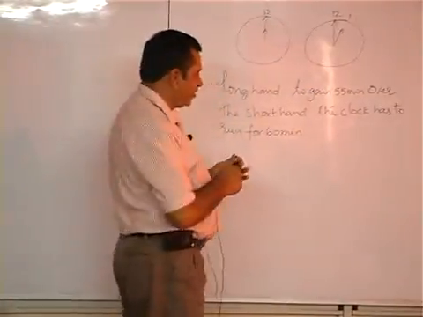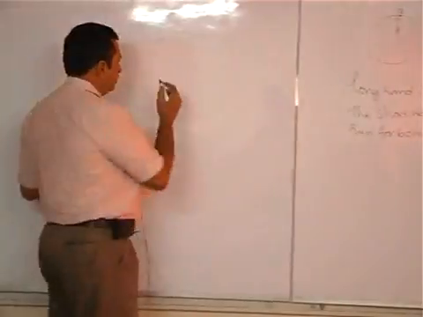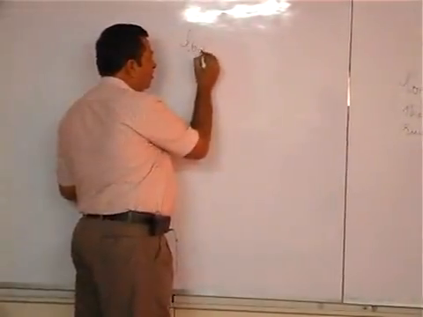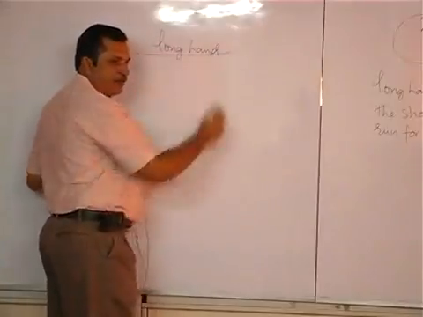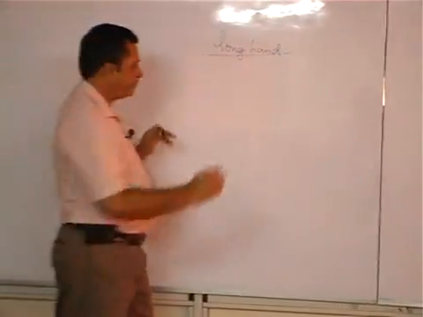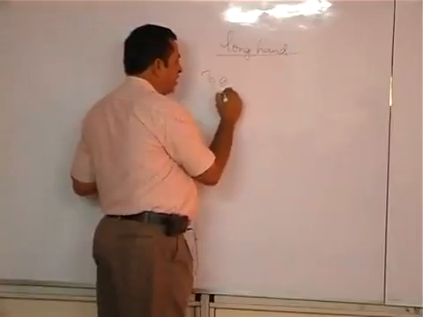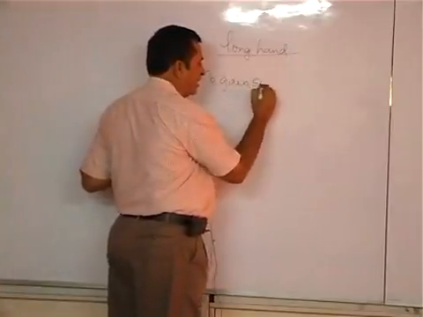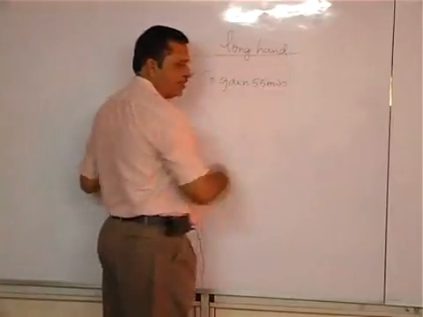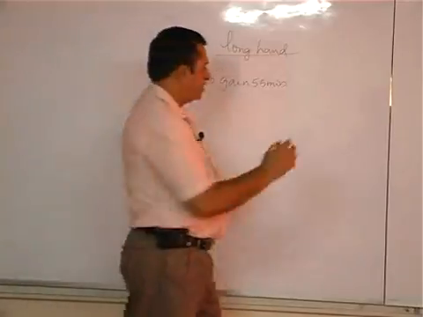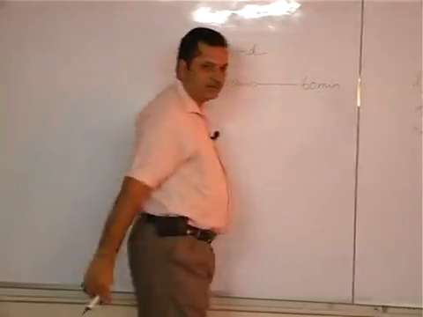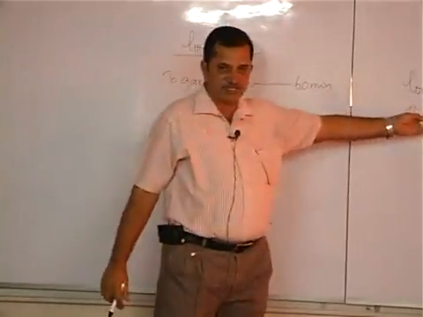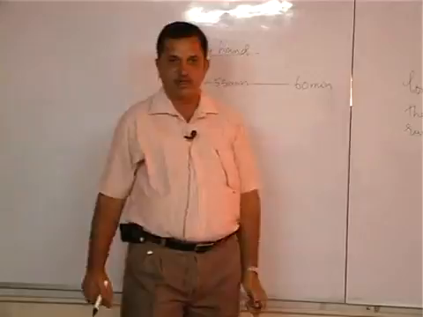So, the problem you write down like this for solving. All the problems we solve keeping in view the long hand, isn't it? Long hand to gain 55 minutes over the short hand, the clock has to run for 60 minutes, is it not? This was the concept we have discussed just now.